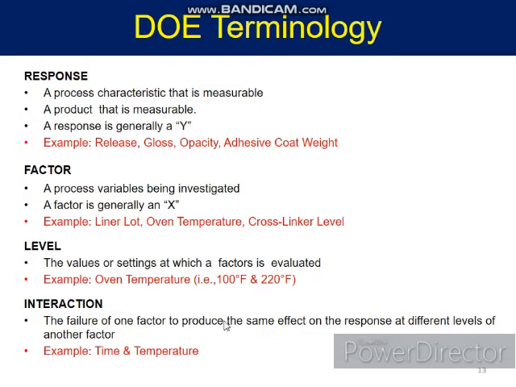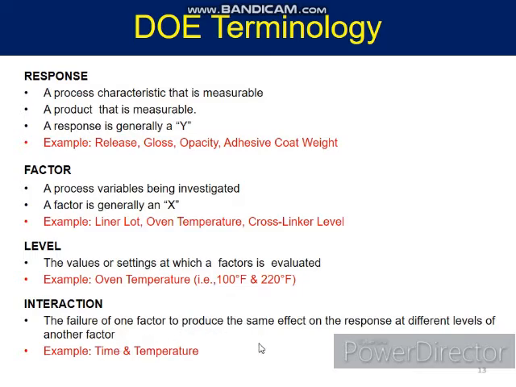The other term that you need to understand is called interaction. You will hear this when you deal with design of experiments: interaction, interaction factor, and so on. Interaction, by definition, is the failure of one factor to produce the same effect on the response at different levels of another factor.